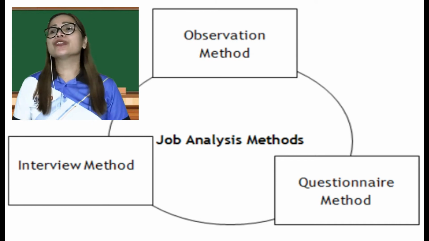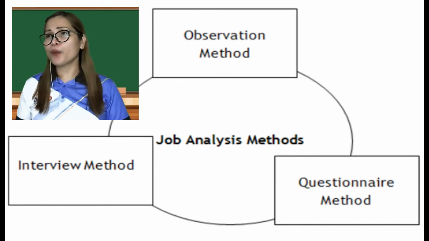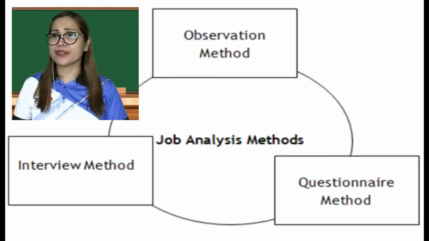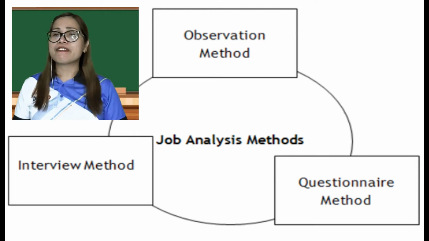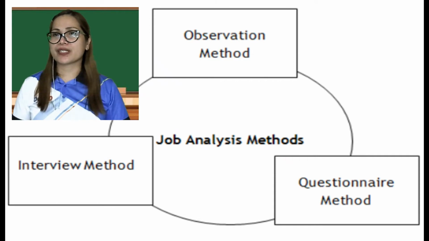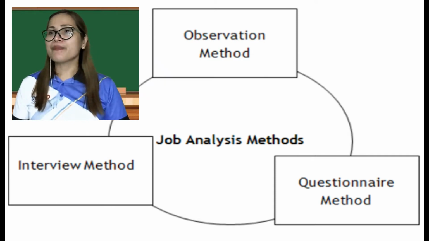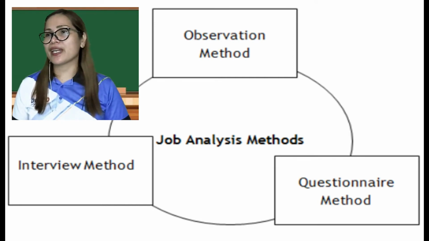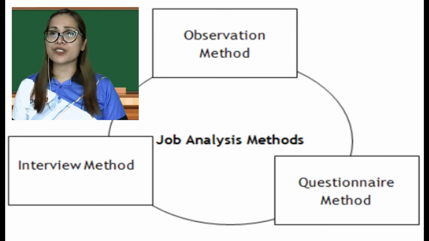Next, questionnaire method. Another commonly used job analysis method is getting questionnaires filled by employees, their superiors, and managers. However, this method also suffers from personal biasness. Great care should be taken while framing questions for different grades of employees.